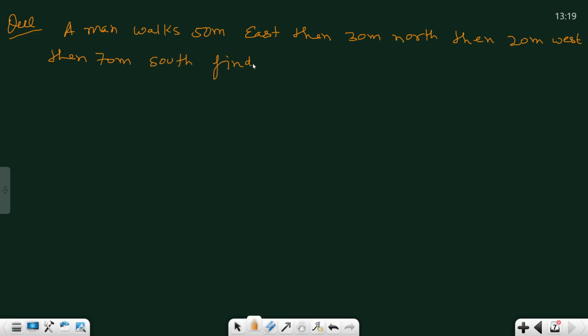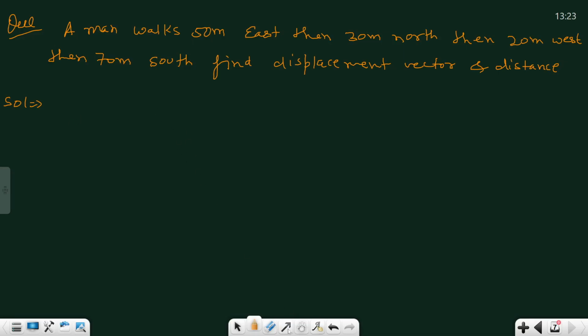Find displacement vector and distance. ठीक है? Need to find out the displacement vector and distance. Time's up. आ जाओ, है ना?